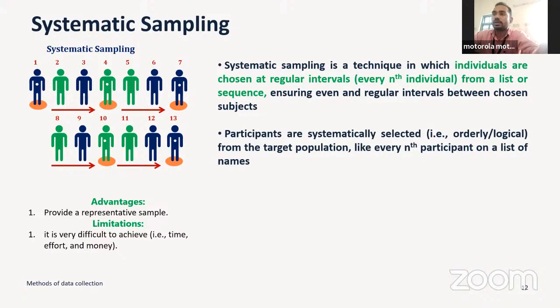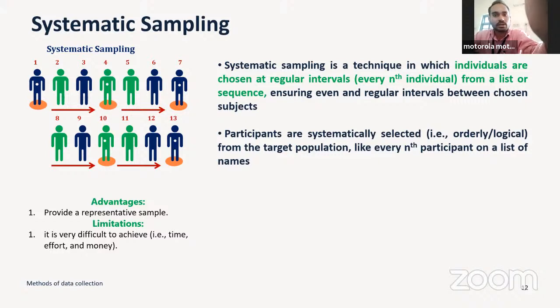Here we simply list out the individuals included in the sample, then we arrange the list by allocating numbers and select the sample with a fixed interval. You can see in the image the sample selected is every third person. So this is systematic sampling.